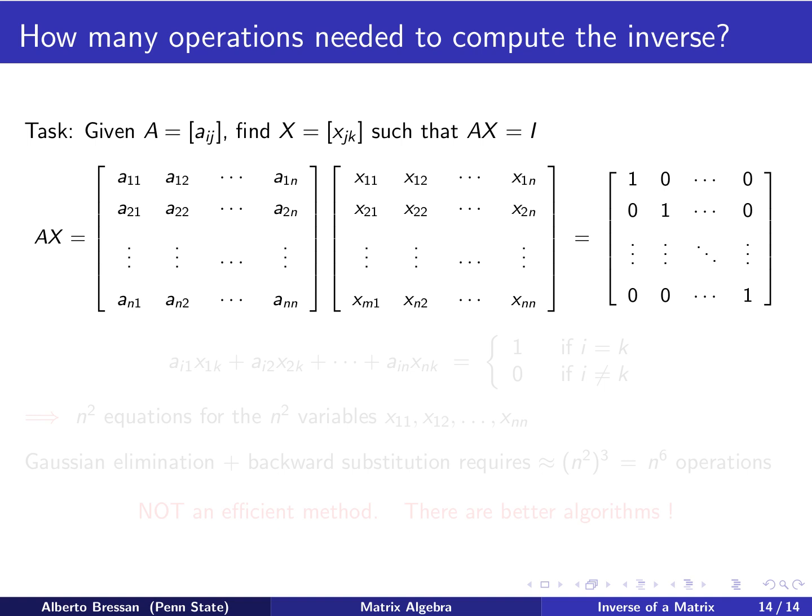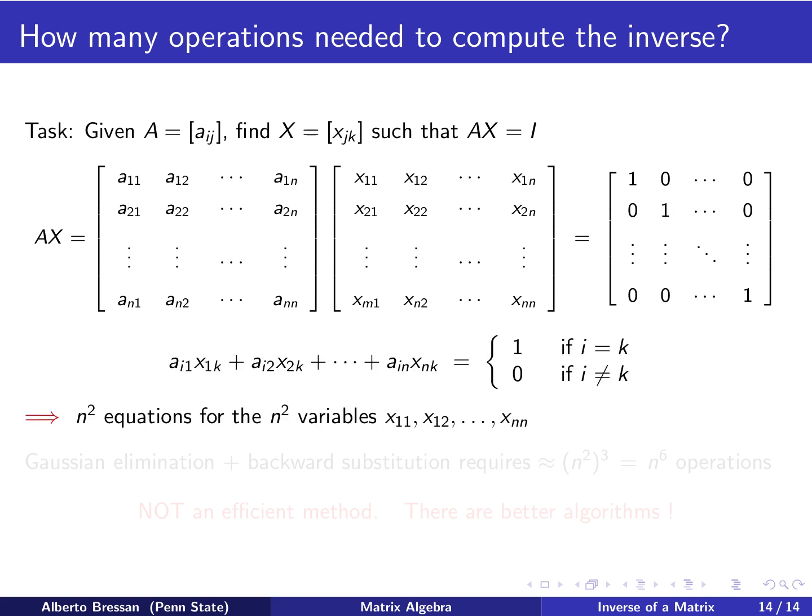I can write them out in detail. A times X will be this A matrix times this X matrix, and it should be the identity. So we know the matrix product, and each element here would be the corresponding row times the corresponding column: you multiply element-wise, add them up, and you get that number. So I can write out any of them.